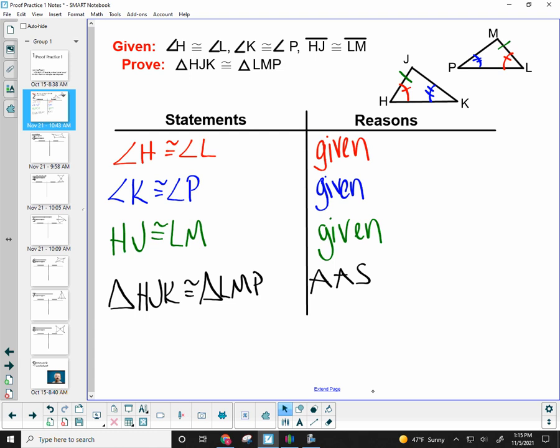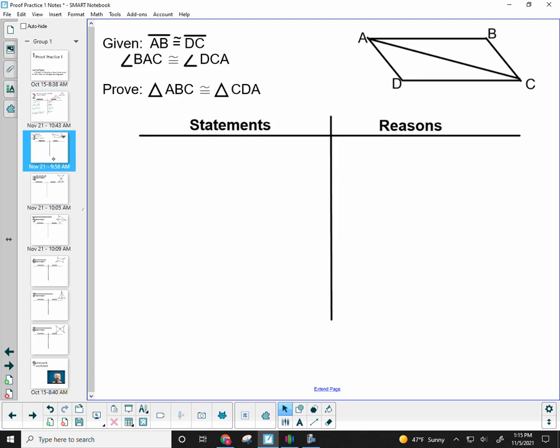All right, let's look at another one here. So here's the next one. It says AB is congruent to DC, and angle BAC is congruent to angle DCA. So this time we only have 2 givens. All right, so let's take care of the first one. We have AB is congruent to DC. That's given.